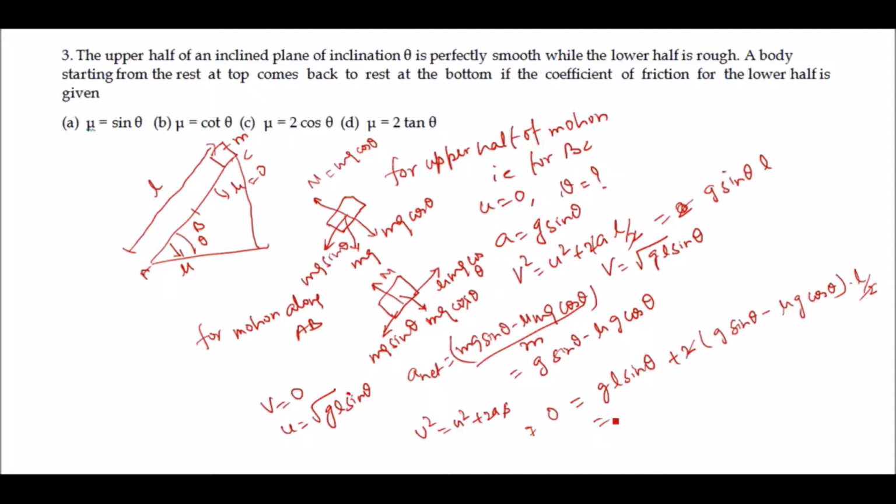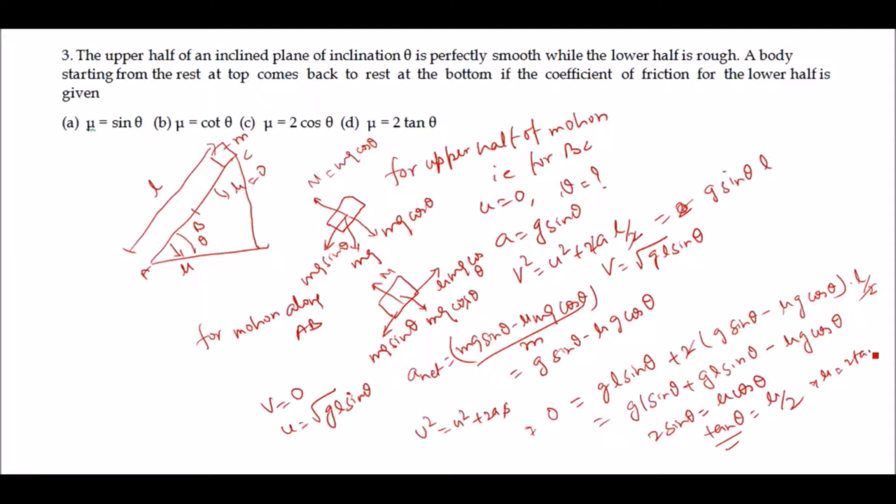From there we get 0 is equal to gL sin theta plus gL sin theta minus mu gL cos theta. Here we get 2 sin theta is equal to mu cos theta, so tan theta is equal to mu by 2, and mu is equal to 2 tan theta.